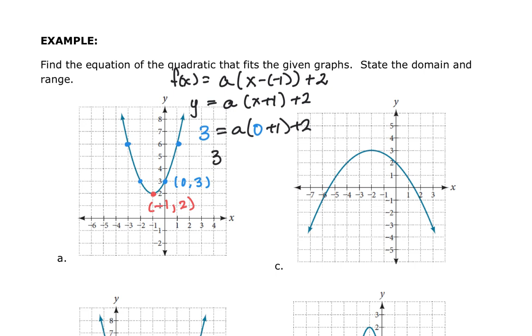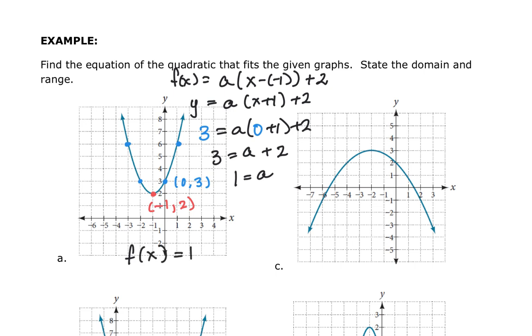So I get 3 is equal to 0 plus 1 is 1 times a is just a, plus 2. I'm going to subtract 2 from both sides, and I get 1 is equal to a.